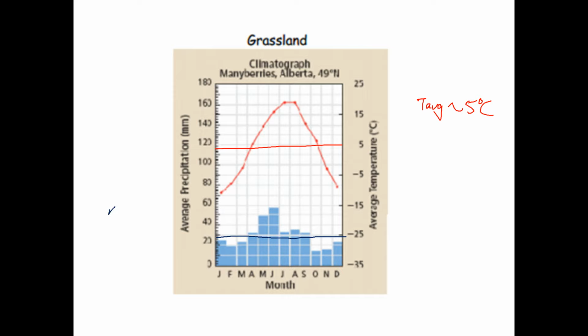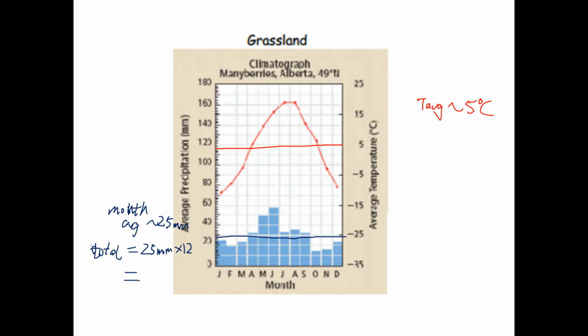25, so the monthly average is about 25 millimeters. Multiply 25 by 12, so the year total is 25 millimeters times 12 months.